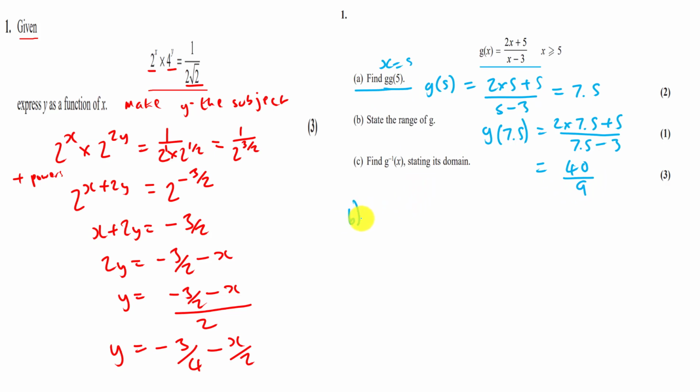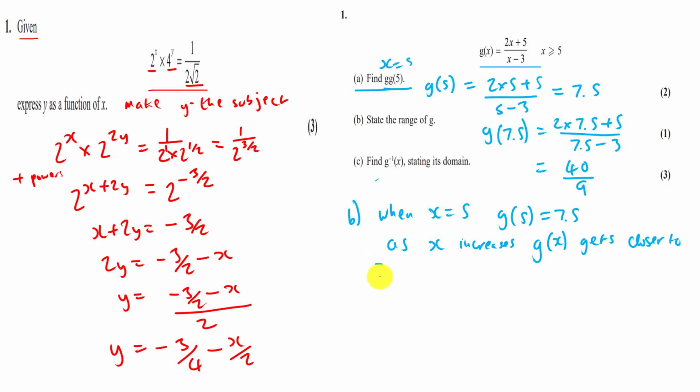Part B, state the range of g. When x equals 5, we know that g equals 7.5. Now, as x increases, g of x gets closer to 2.